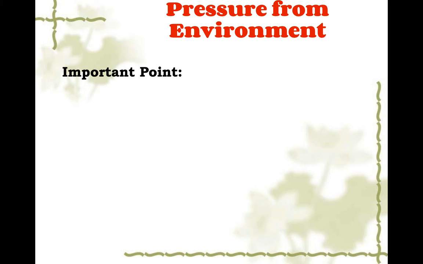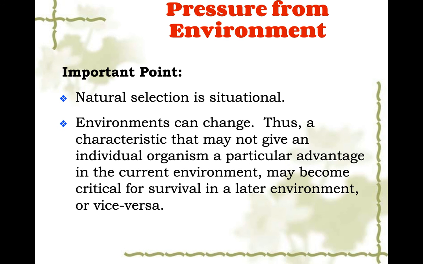An important point here about the environment is that natural selection is situational because an environment can change. A characteristic that may not have given an individual organism an advantage in the current environment may become critical for survival in a later environment, or vice versa.